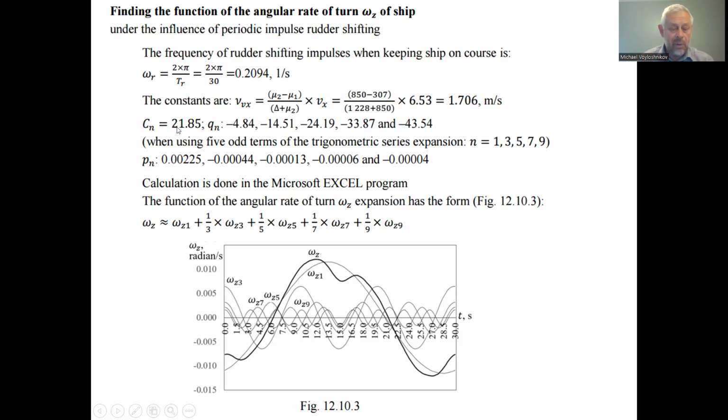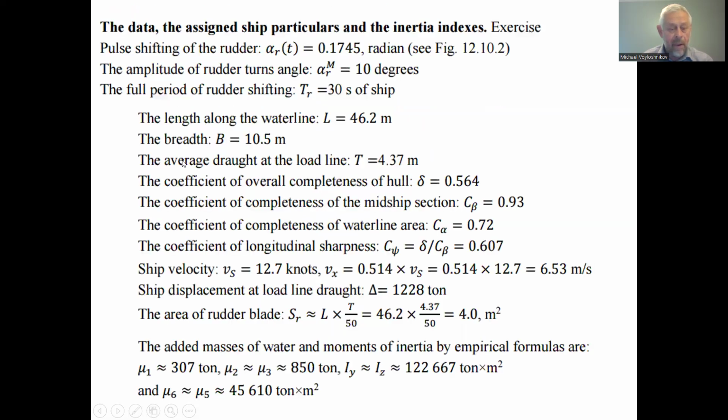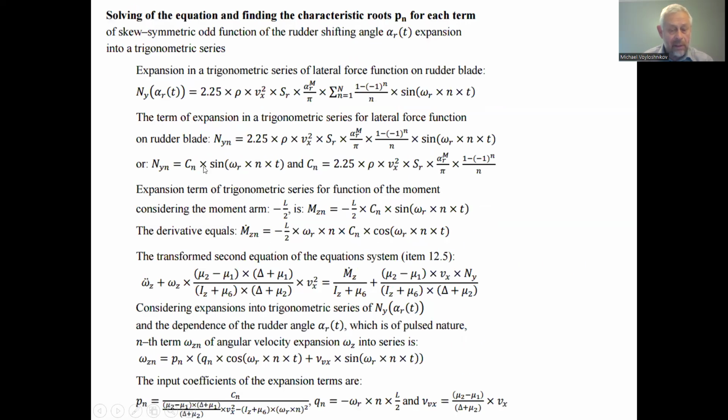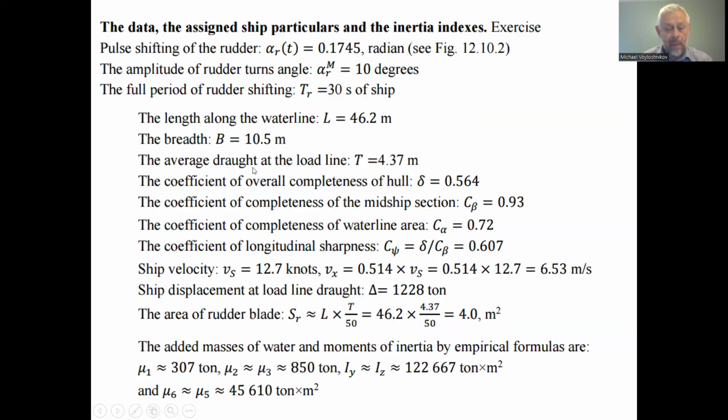There we have two factors in the designation of the term of the expansion of the transverse force into the trigonometric Fourier series. The first factor is Cn, and the second is the time-dependent sine function with definite frequency and the number of the term in the expansion.